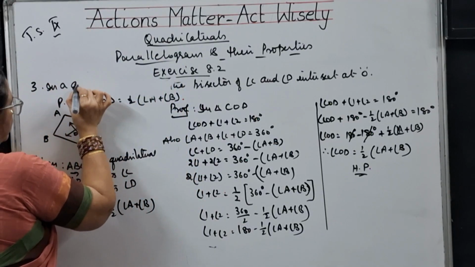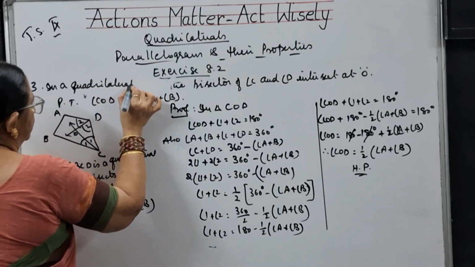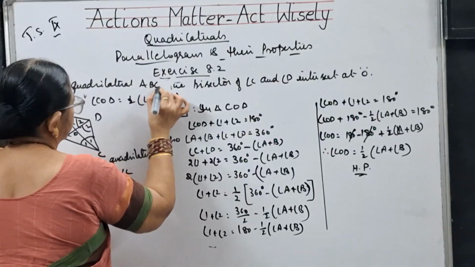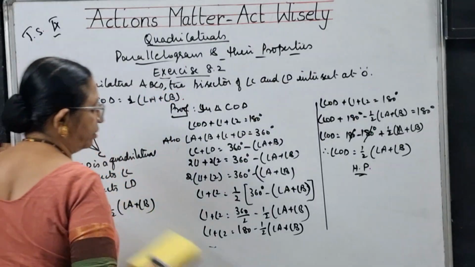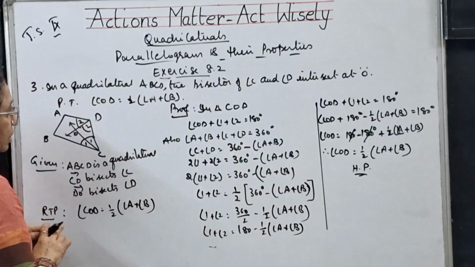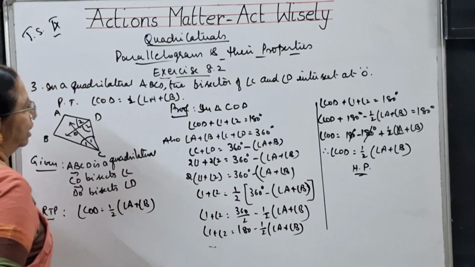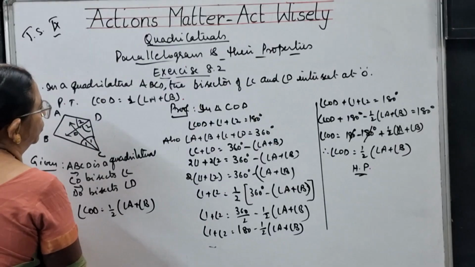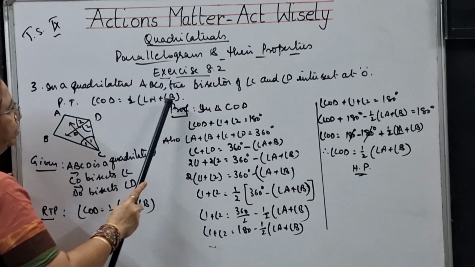Problem is like this. In a quadrilateral ABCD, the bisectors of angle C and angle D intersect at O. You have to prove that angle COD is half of angle A plus angle B.